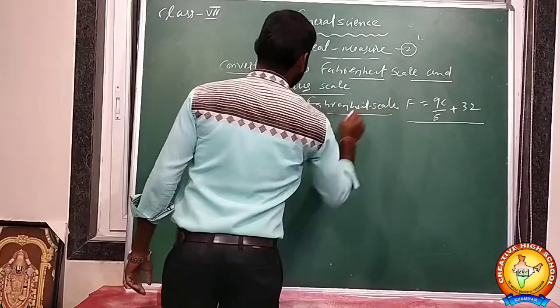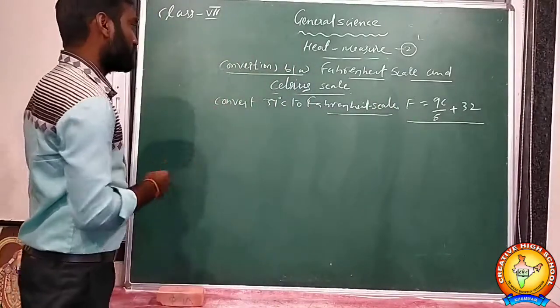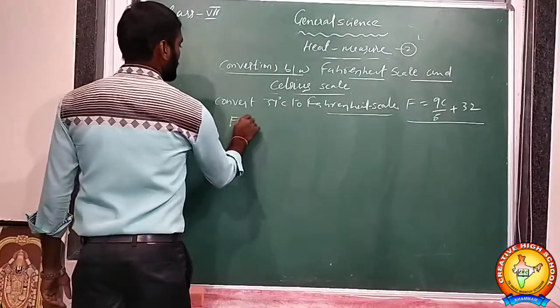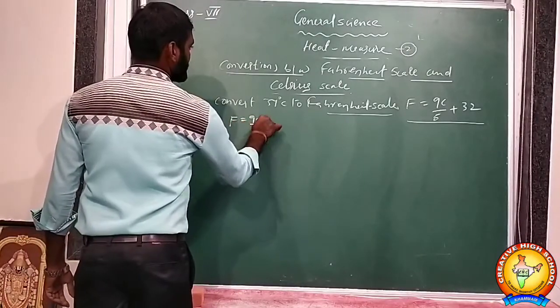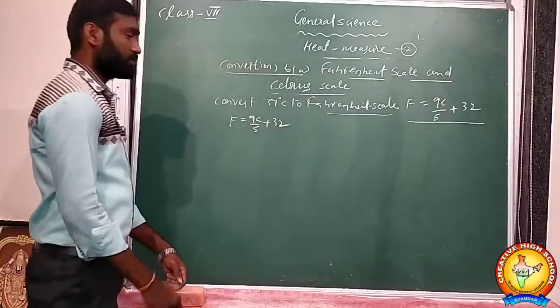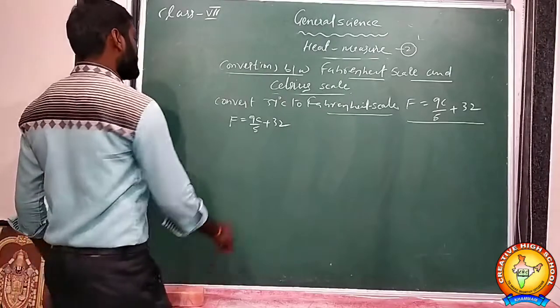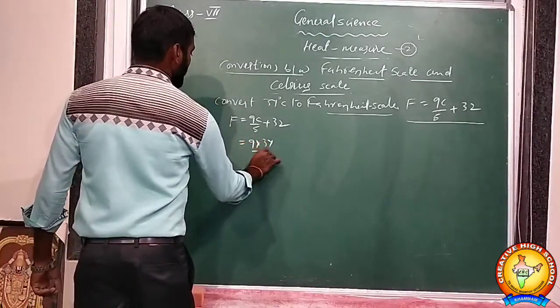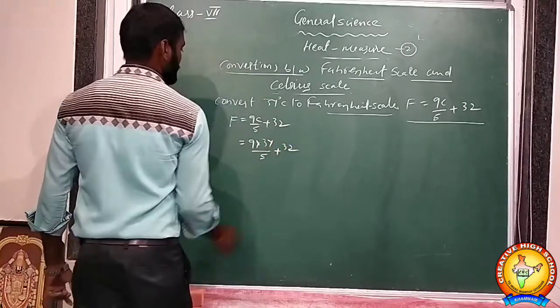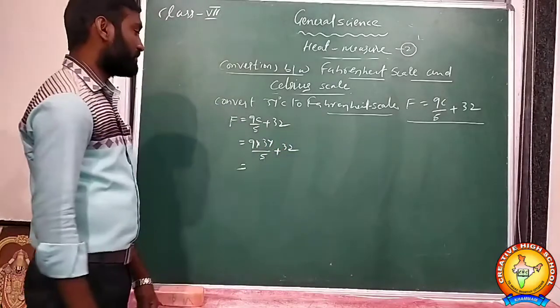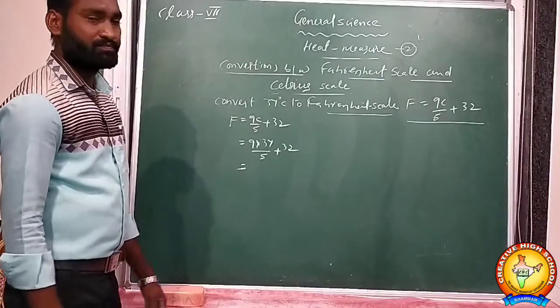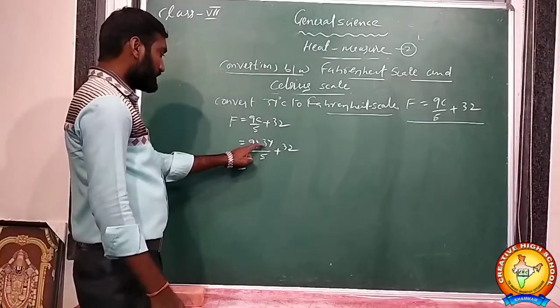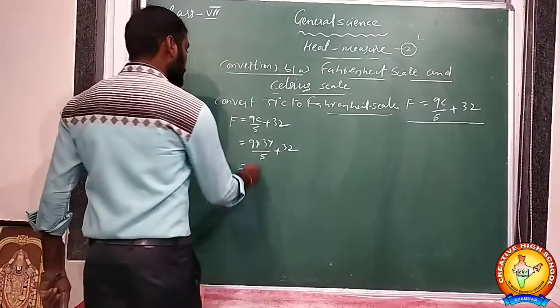The formula for that is F is equal to 9C by 5 plus 32. So 9C is 9 into 37, by 5, plus 32. So that is equal to 9 into 37 by 5 plus 32.